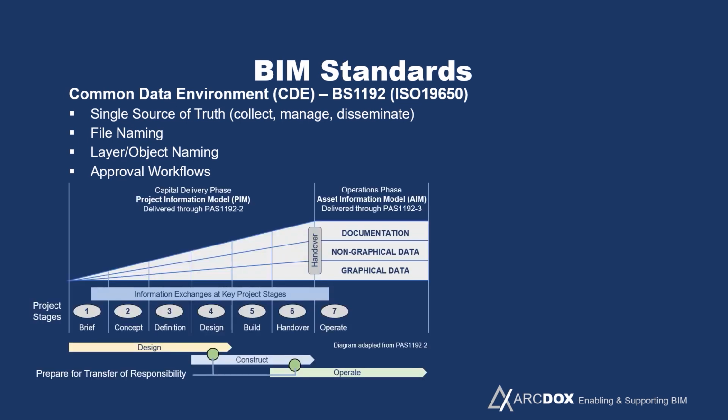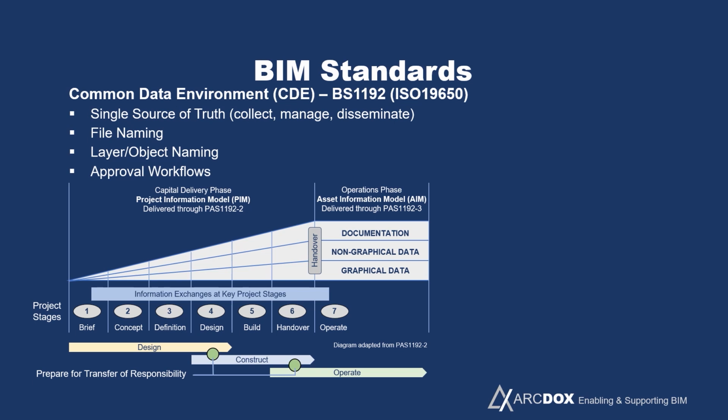It is effectively the collection of the three types of data: the documentation, the non-graphical data, the graphical data. It progressively develops over the different project stages. There's key data drop points at the end of each stage, obviously to check and sign off information for that stage before we progress to the next stage.